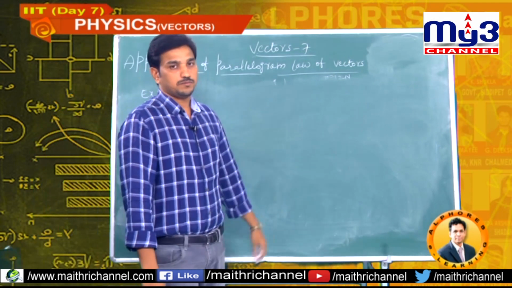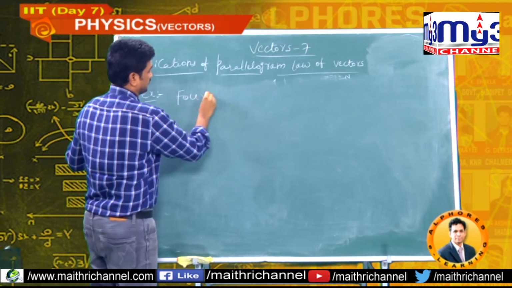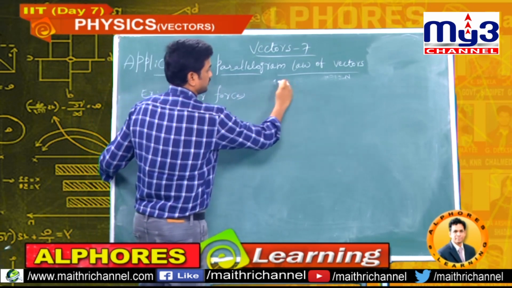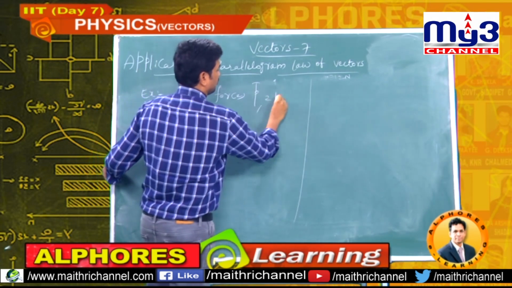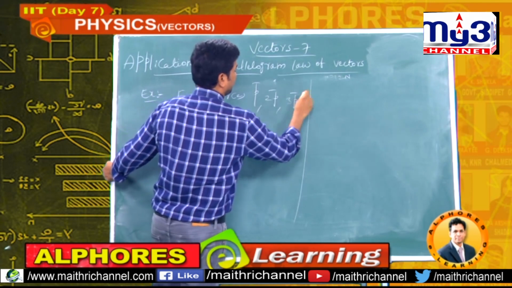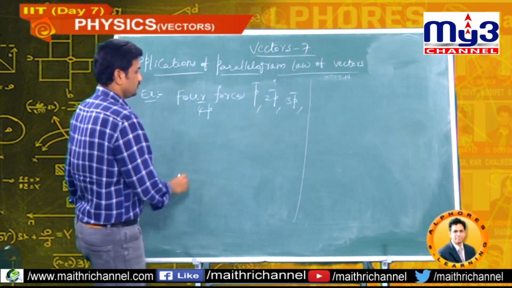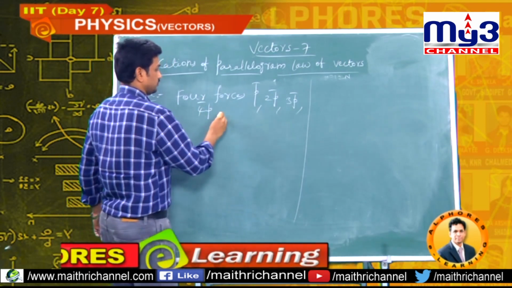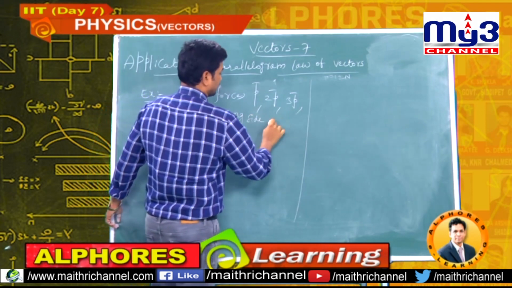One more example. There are four forces. I am going to take four forces: P bar, 2P bar, 3P bar, 4P bar. These act along the sides of a square.